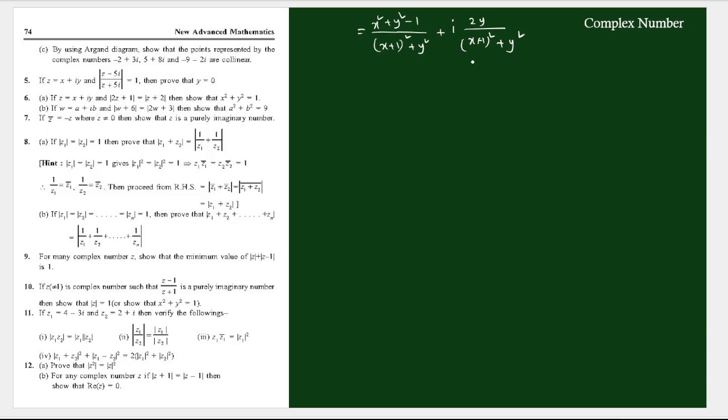Then z minus 1 over z plus 1 is purely imaginary. That means the real part is 0, right?